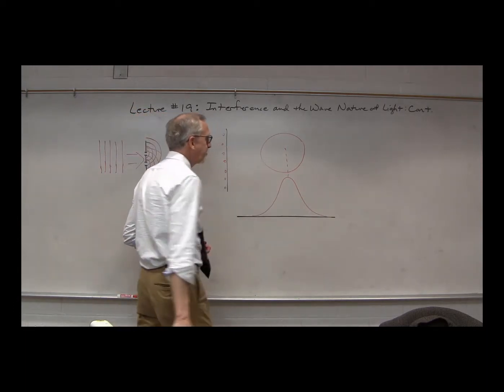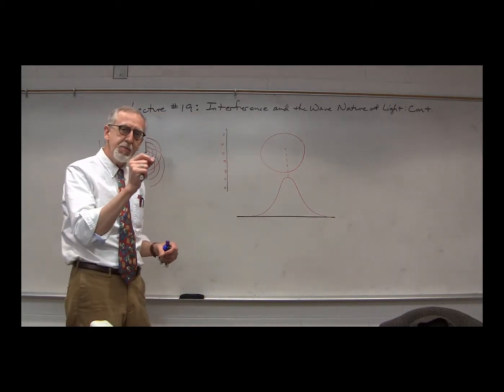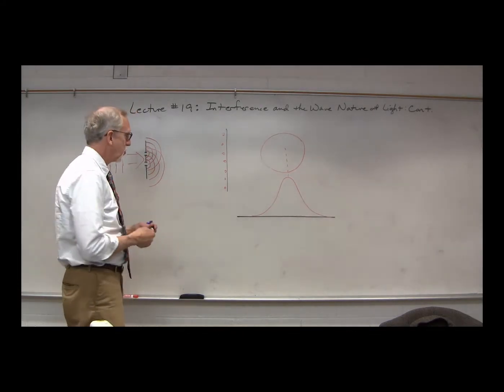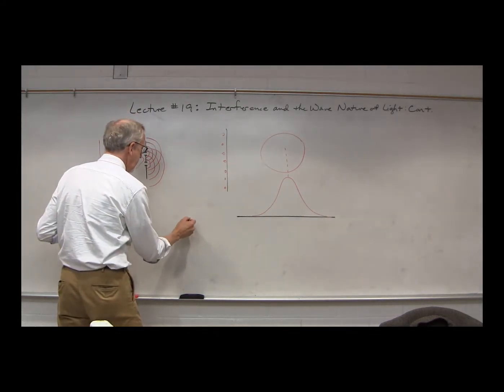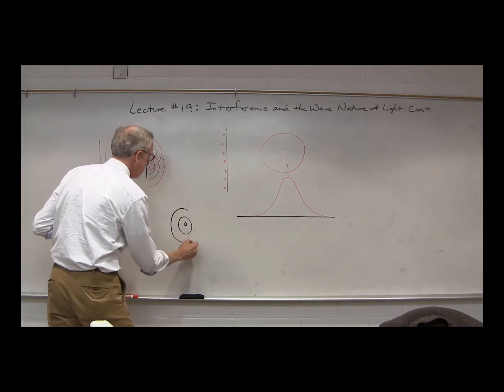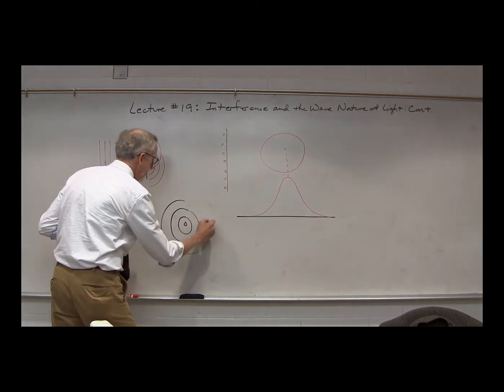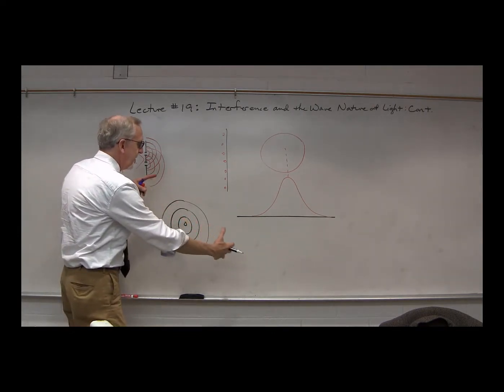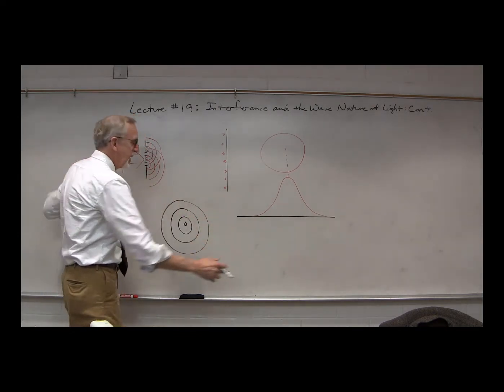Now, if you can imagine dropping a pebble in a body of water, you get these round ripples that are all centered on the point where you've dropped in the pebble, and the ripples then expand outward.